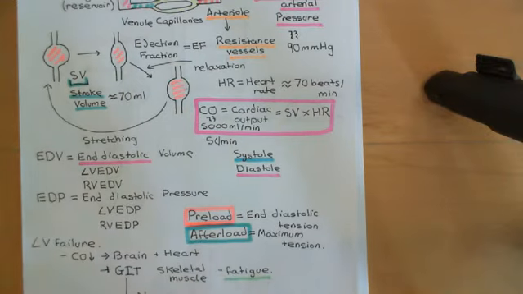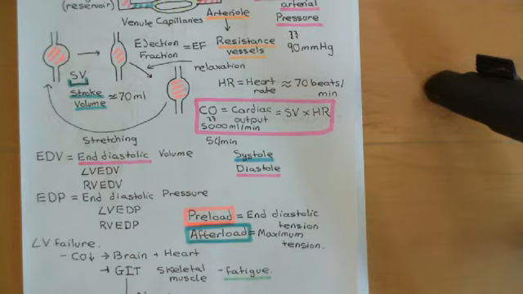So the afterload on the heart is going to increase. Remember, afterload strictly means the tension in the wall of the heart that you have to get up to in order for the pressure within the left ventricle to be high enough to eject blood into the arterial system. But really the colloquial meaning, the meaning that everyone uses in an offhand way, is how difficult it is for the heart to pump blood. We're specifically thinking about the left ventricle at the moment, but we'll move on to the right ventricle in a moment.